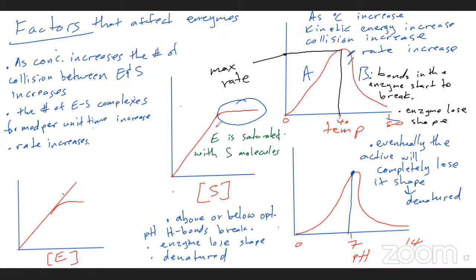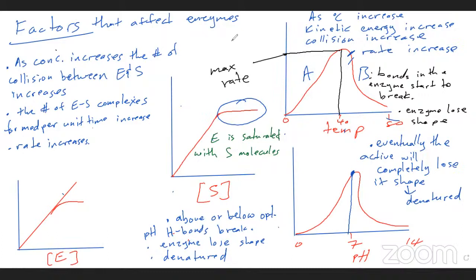So all the enzymes present in the reaction are occupied with a substrate. Putting more substrate will not increase the rate. So we have the horizontal line, it means the rate is constant. And that is because the enzyme is saturated with substrate molecules.